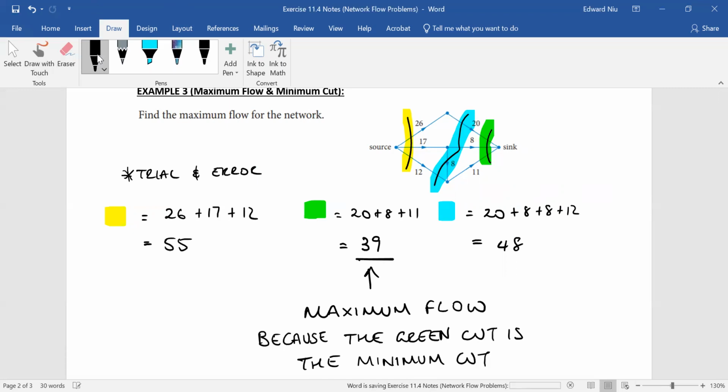All right, so every time you see maximum flow for a question, you got to think, all right, what's the smallest cut? What's the minimum cut?